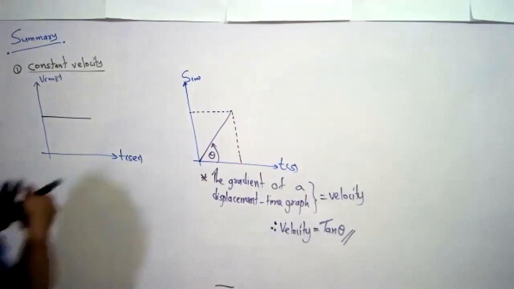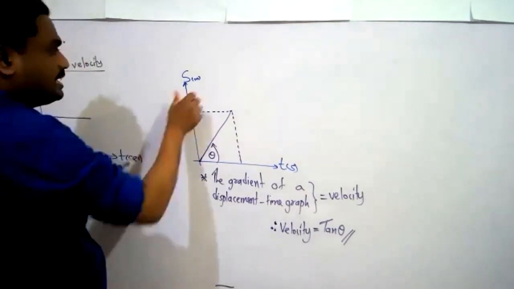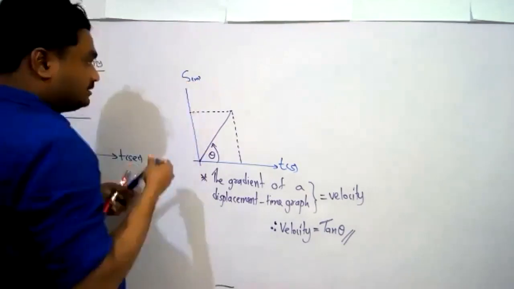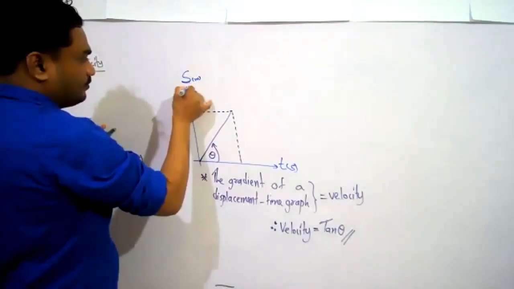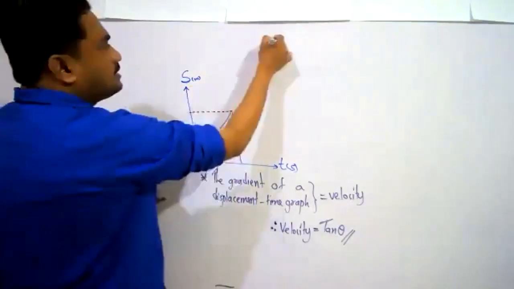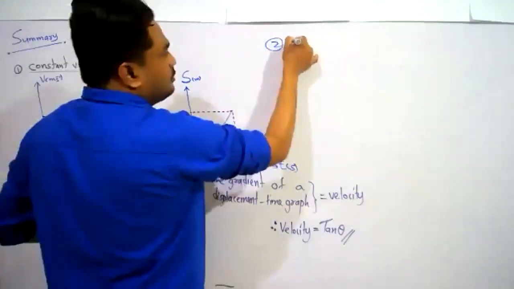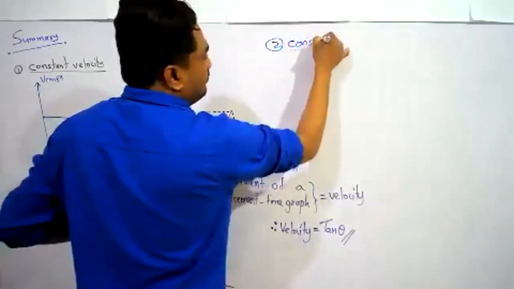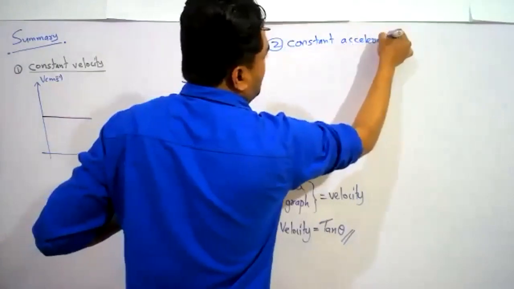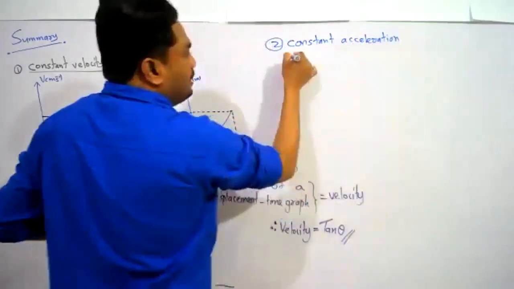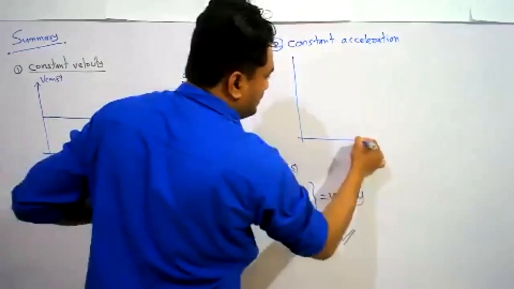Here, S for displacement, right? We have used the letter S for displacement. The second kind of thing is constant acceleration. How do we represent constant acceleration in a velocity time graph?